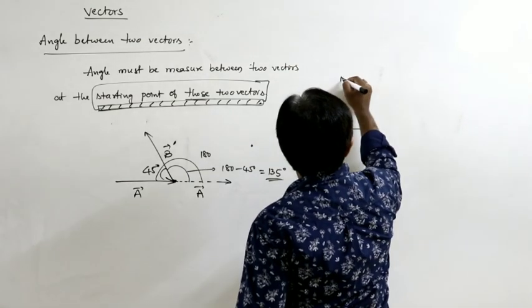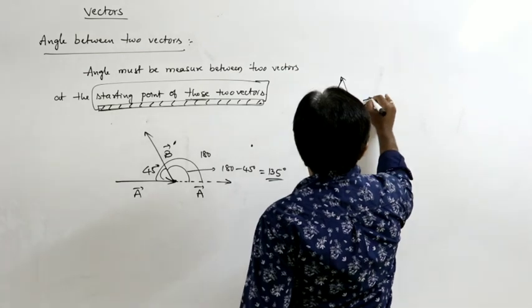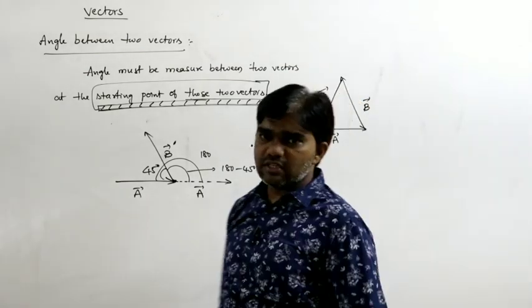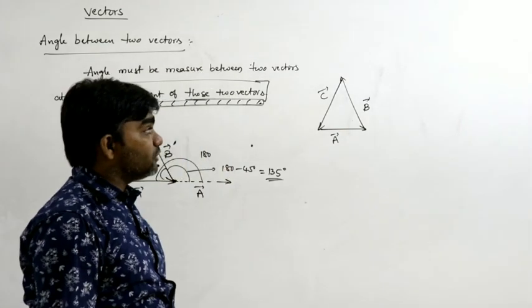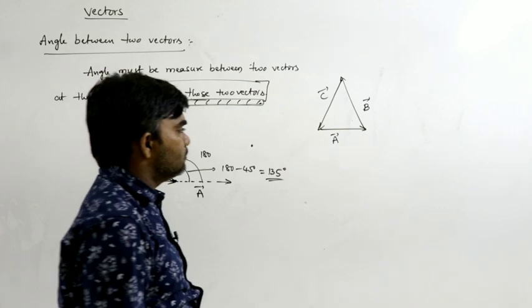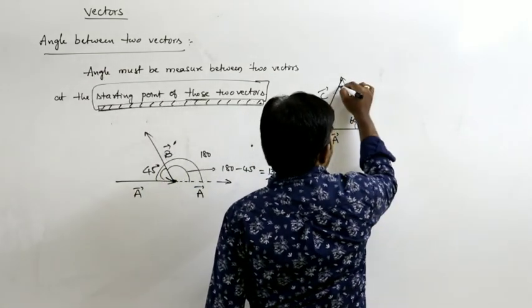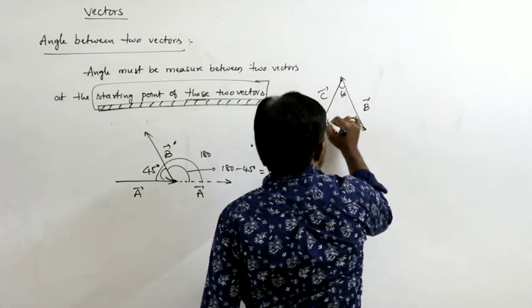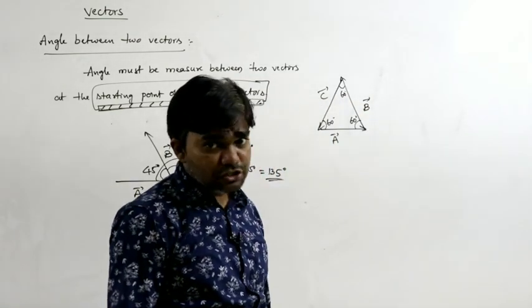if three vectors are given like this, A bar and B bar and C bar, and it is an equilateral triangle, what is the angle between A bar and B bar and C bar? Equilateral triangle means generally this is 60 and this is 60 and this is 60. But here the angle between A bar and B bar is not 60.